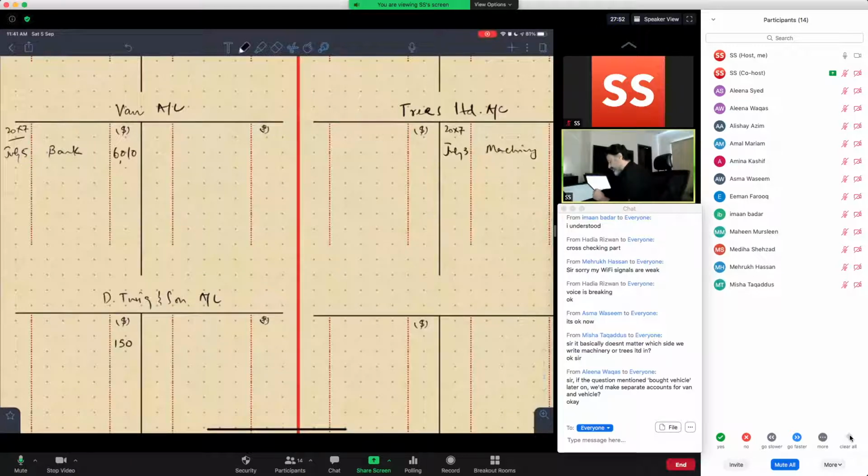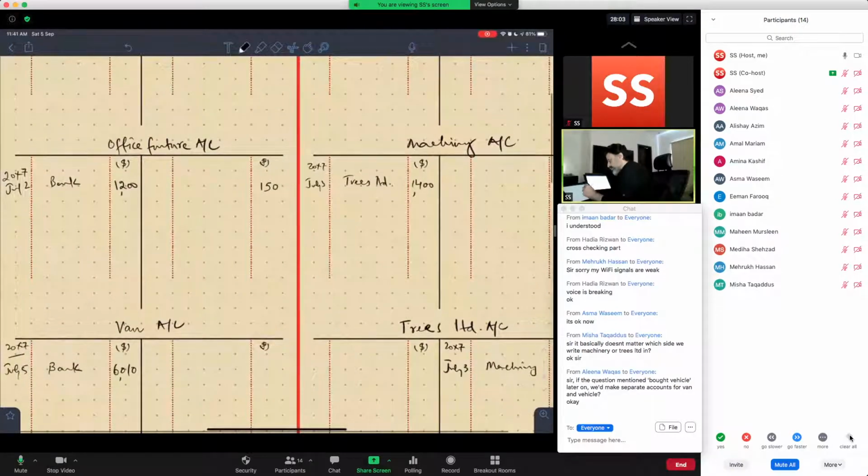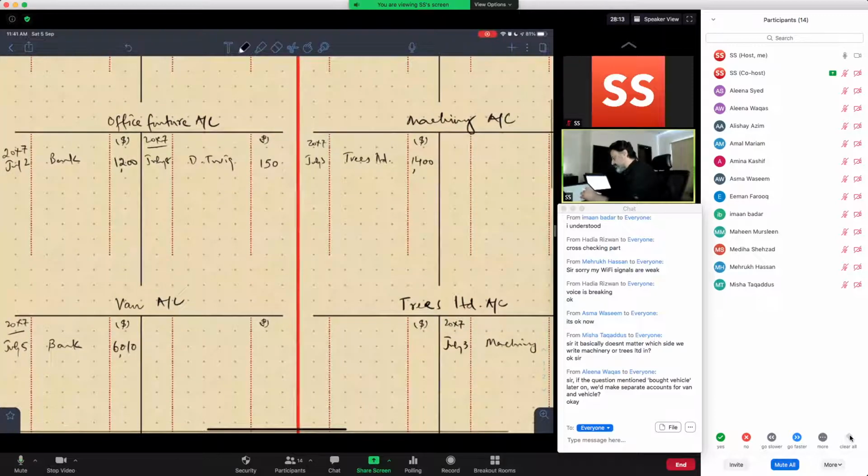In D. Twig and Sons I'll refer to furniture on the 8th of July. And in the furniture account I will put D. Twig and Sons on July the 8th, 20x7, right? So we understand this transaction here.